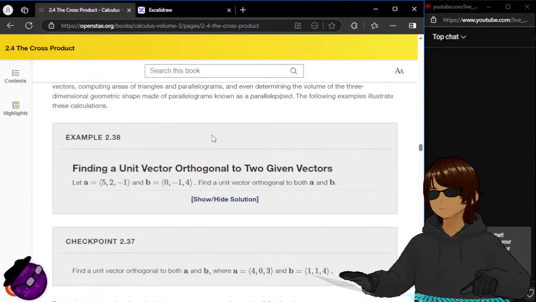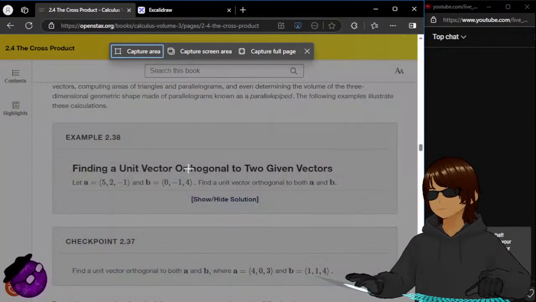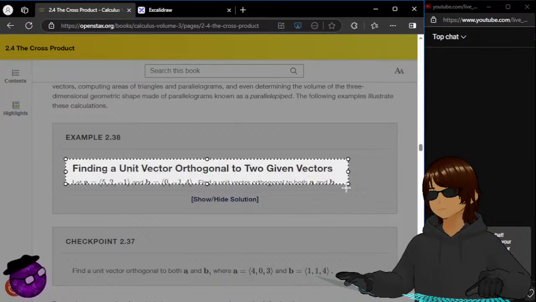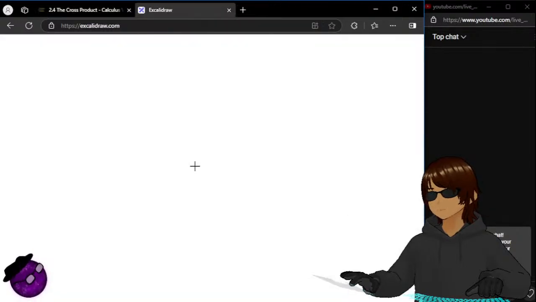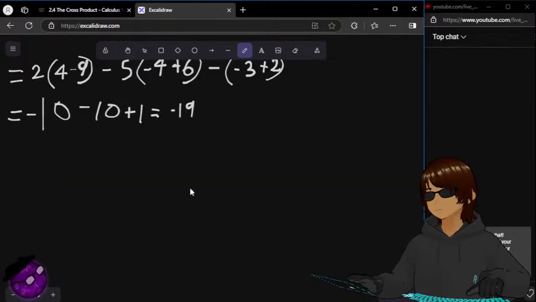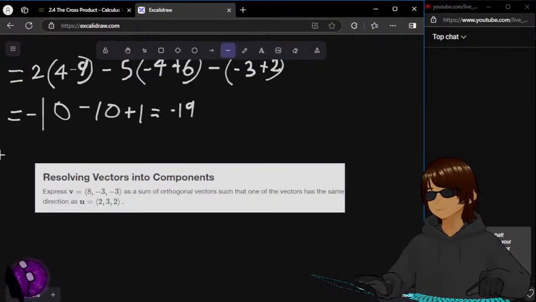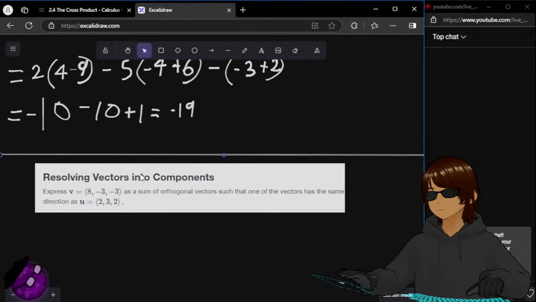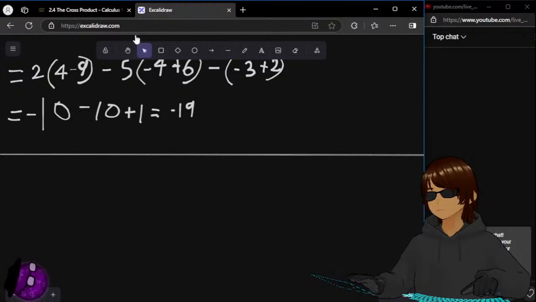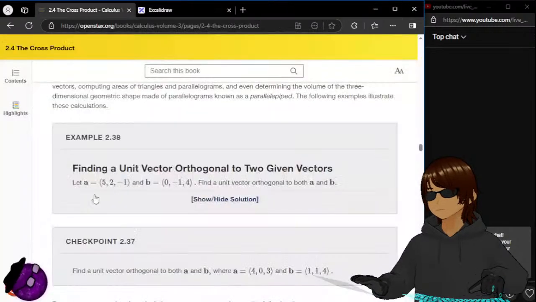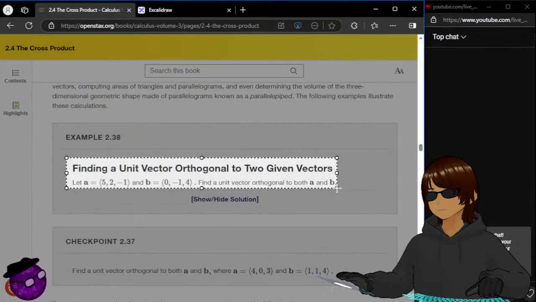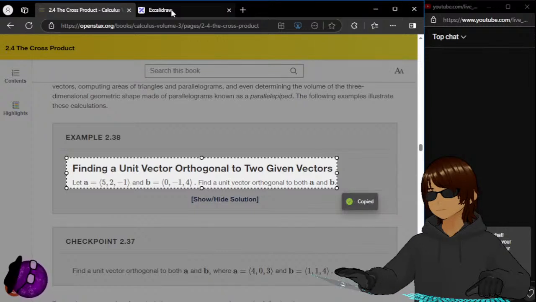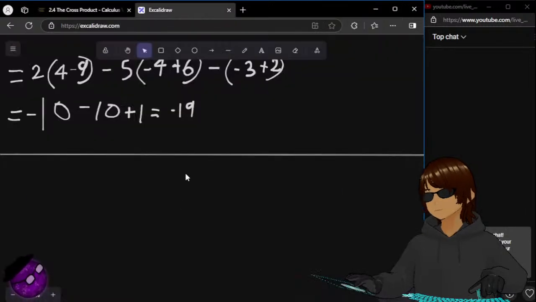Okay, so hold on. Copy, paste. That's the wrong picture. Copy, paste.